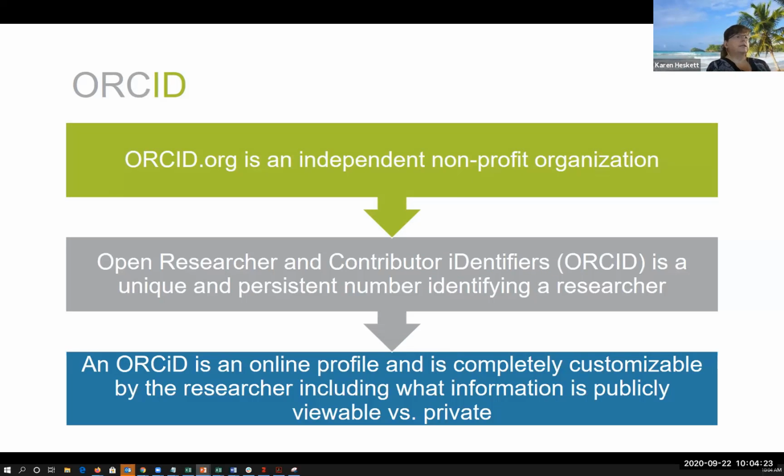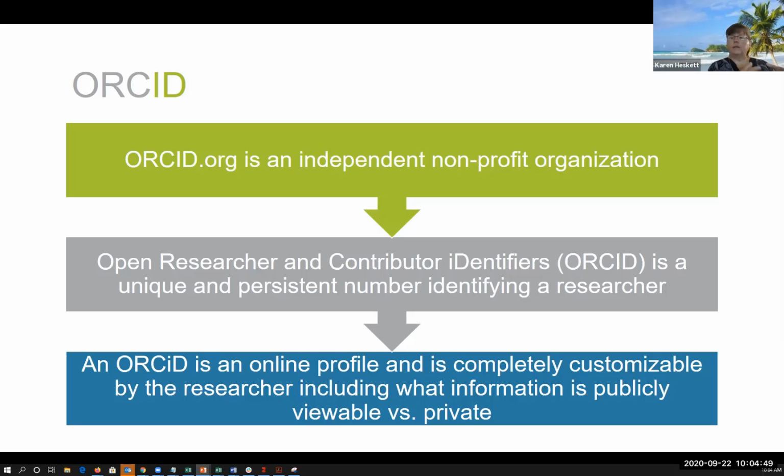And so ORCiD is an independent nonprofit organization. The name of it is Open Researcher and Contributor Identifiers. And basically, it's a growing system to try and disambiguate different researchers who might have similar names, and also an easier way to get a corpus of somebody's work.